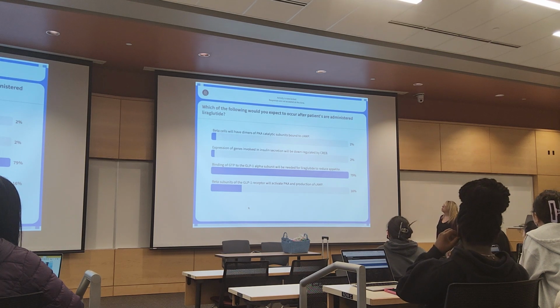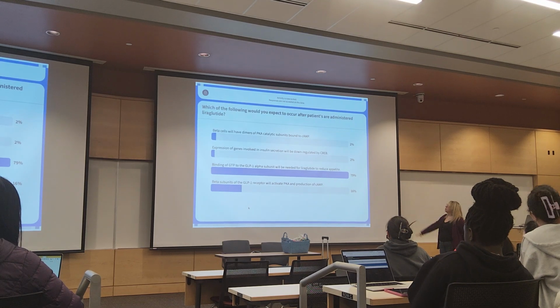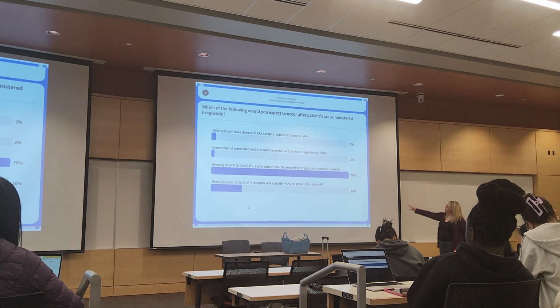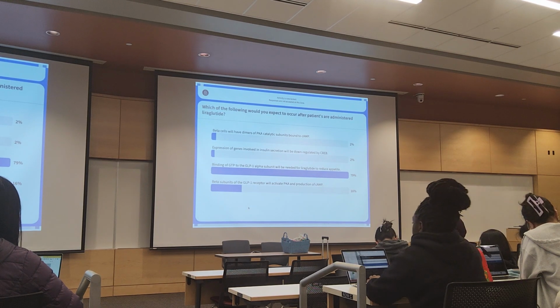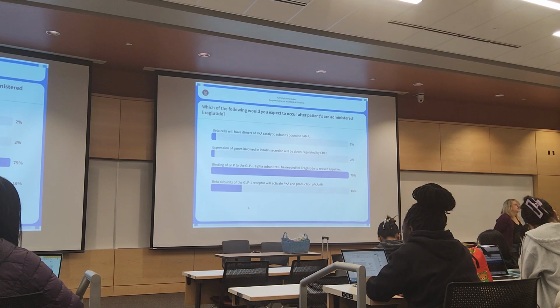Let's go ahead and go through some of the other ones. Beta cells will have dimers of PKA bound. So remember, that was our last question we talked about before. The regulatory subunits bind to cyclic AMP, not the catalytic. Let's go to the next one. Because CREB is a transcription factor that's getting turned on by G-alpha S, that means it's going to increase transcription.